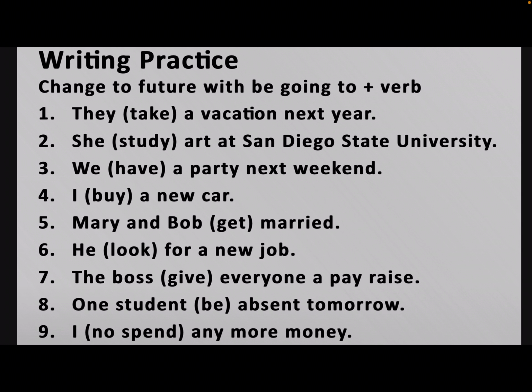So we have they, and then in parentheses, take a vacation next year. They will be taking a vacation next year. Then she, in parentheses, study art at San Diego State University. How do we change it into using the future?